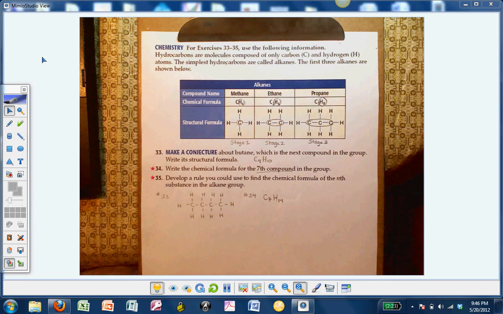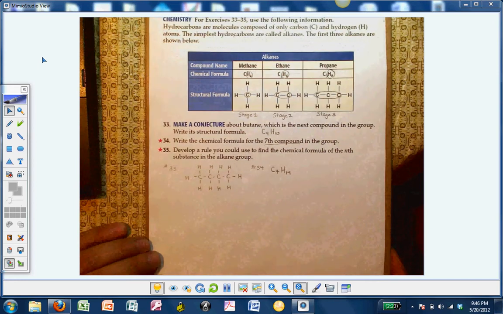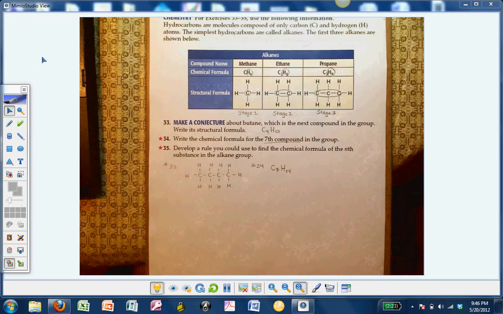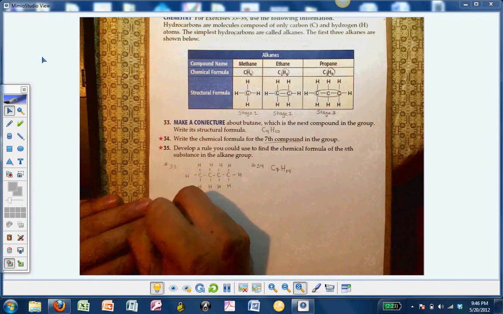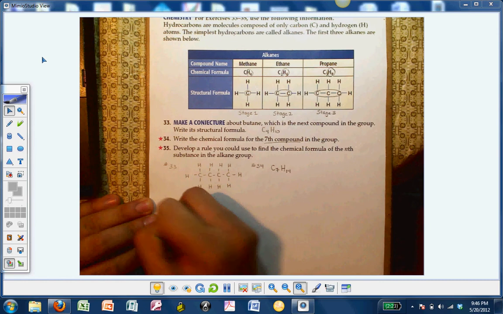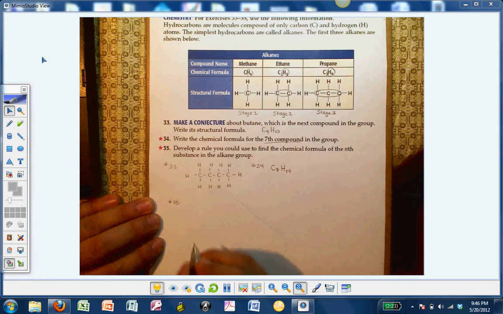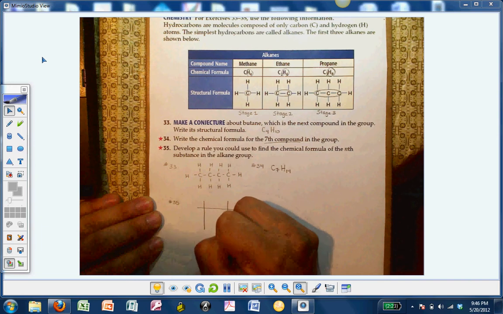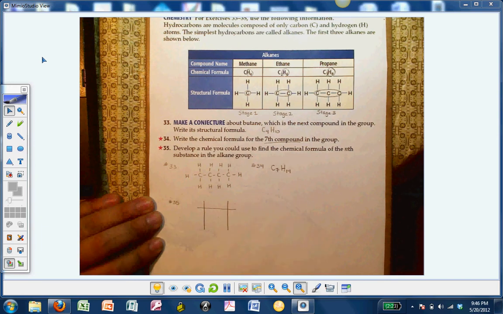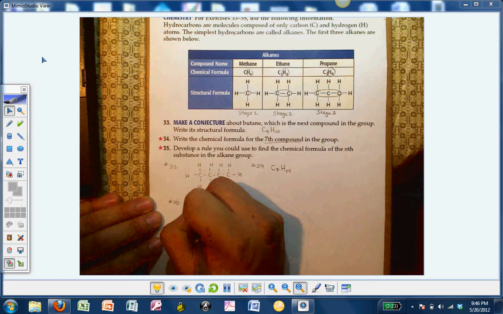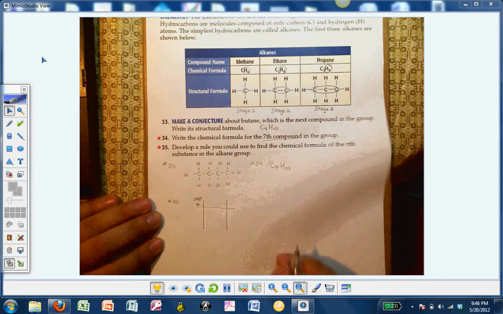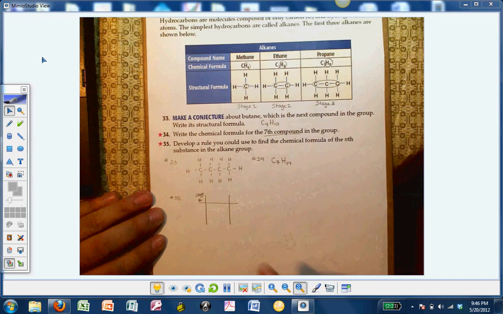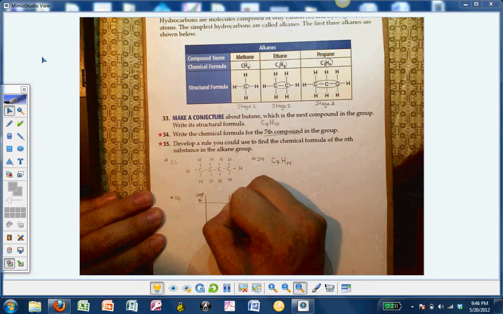Number 35. Develop a rule you can use to find the chemical formula of the nth substance in the alkane group. For number 35, we're going to go ahead and concentrate first on the number of carbons. So we'll create a table. The independent variable will be the stage number, and the dependent variable will be the number of carbon atoms.